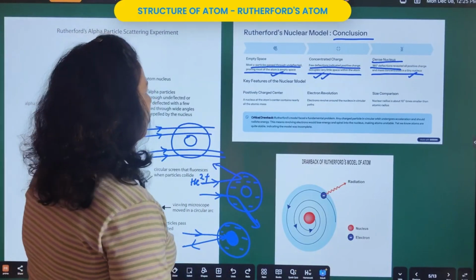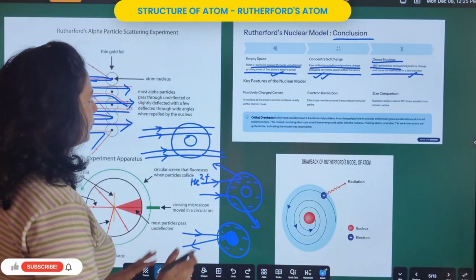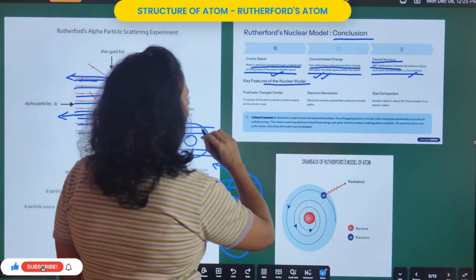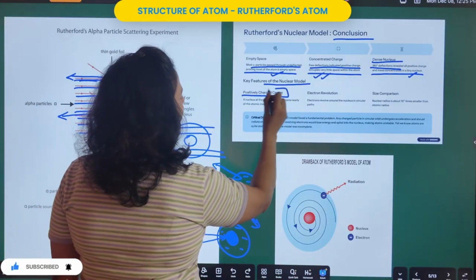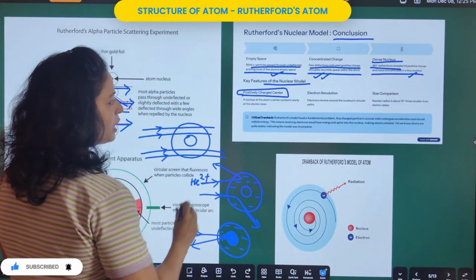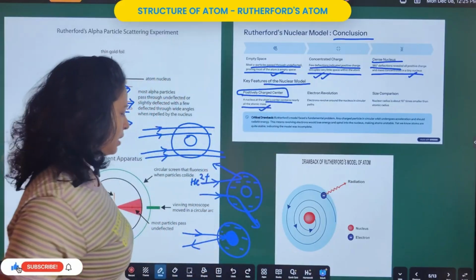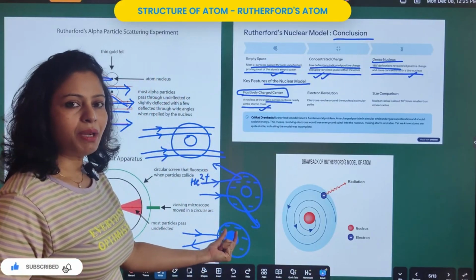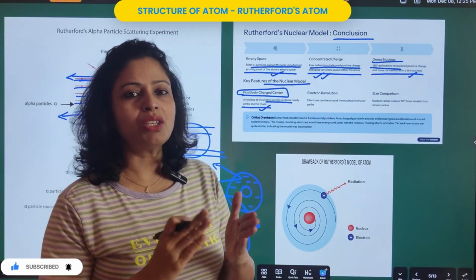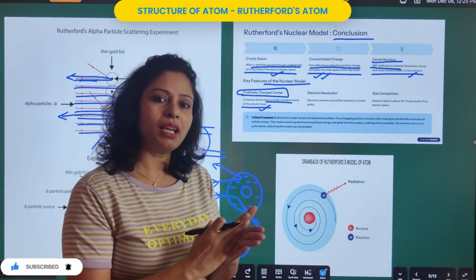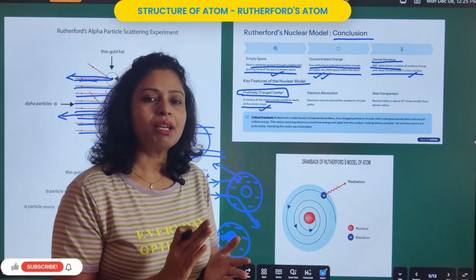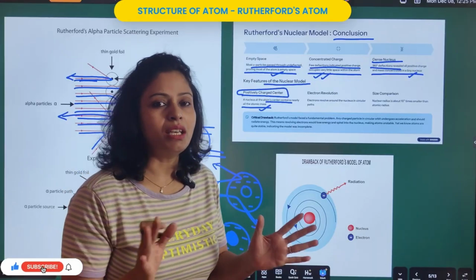Okay, so what were the key features? The key features of the nuclear model: a positively charged center. That is, the nucleus at the atom's center contains nearly all the atomic mass. Now I told you that the mass of a proton is 2000 times that of an electron, so the electron's mass is considered negligible.